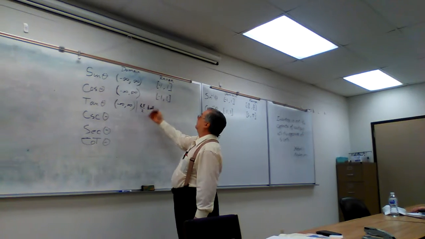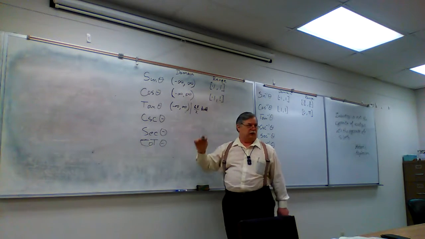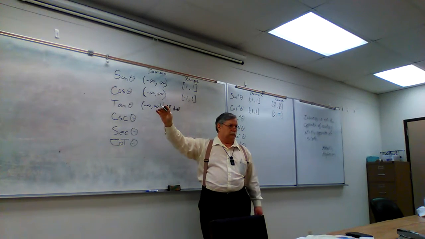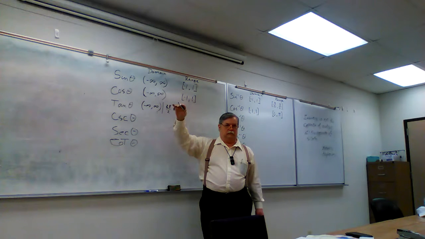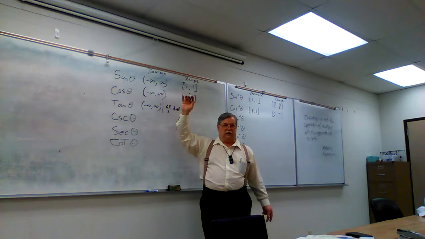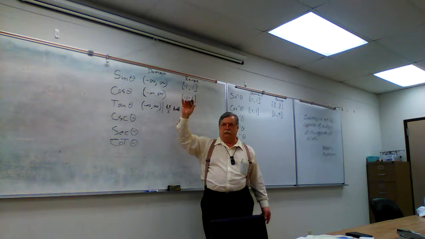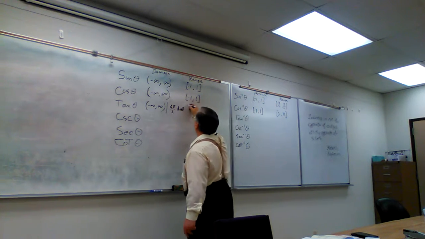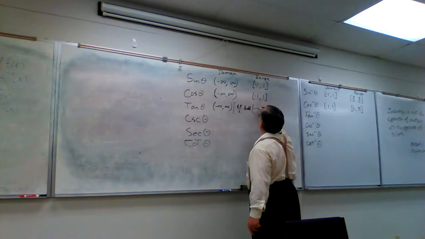Oh, we forgot to do the range. What's the range of the original tangent function? What values can you get for output? Negative infinity to infinity. One more word. Exclusive.